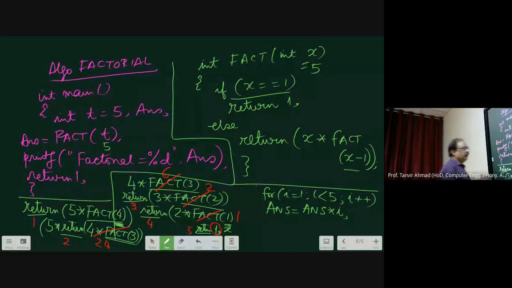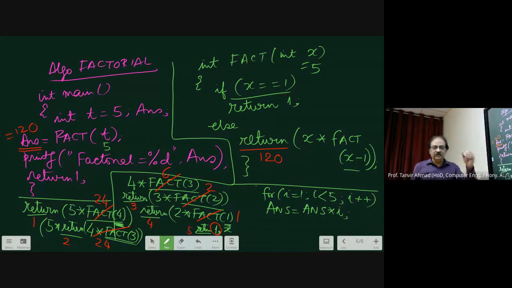Then this will return over here as 24, and then 24 multiplied by 5 is 120, and this will ultimately return to the calling function as 120. That means this return will ultimately return 120 back to the calling function, and therefore now the answer will get the value equal to 120.